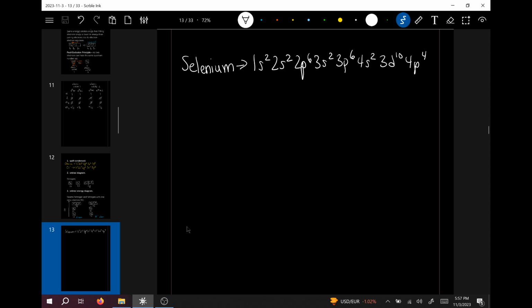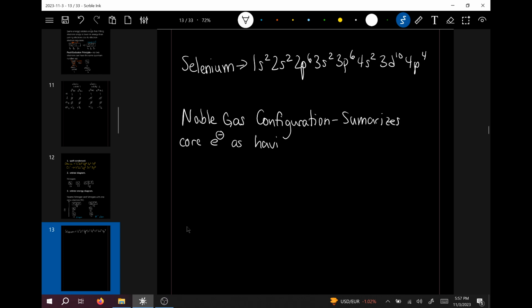The shortcut method is called the noble gas configuration, which summarizes core electrons, we'll talk about core electrons later, as having the same electron configuration as a noble gas. That's what the noble gas configuration means.